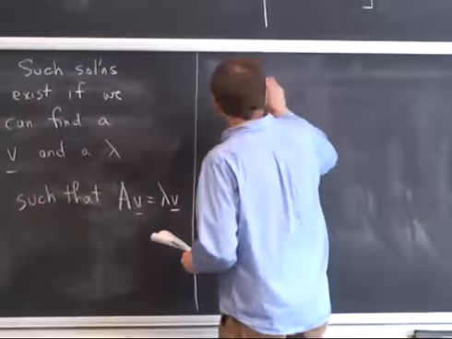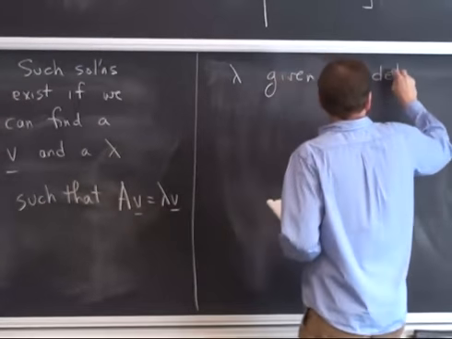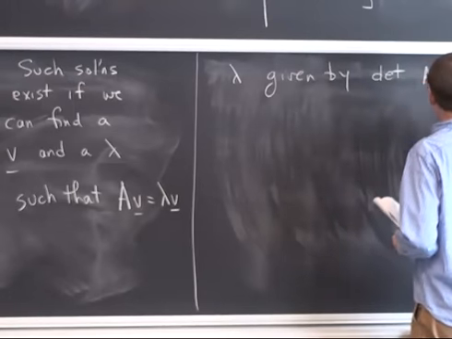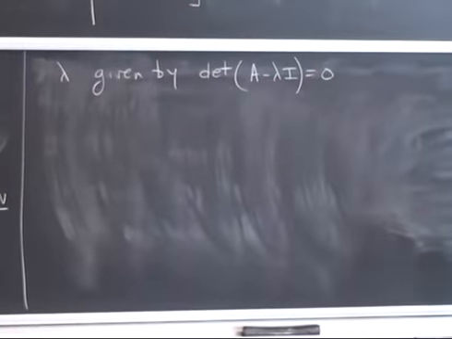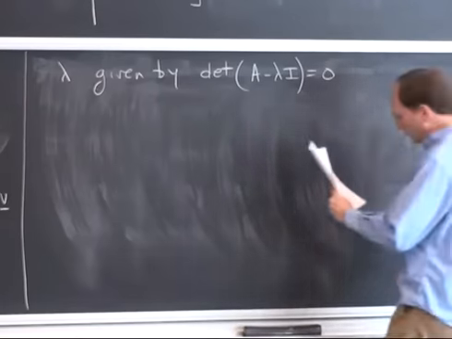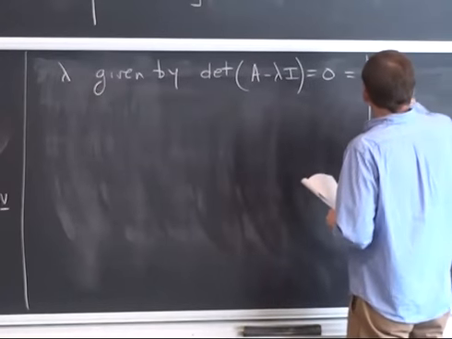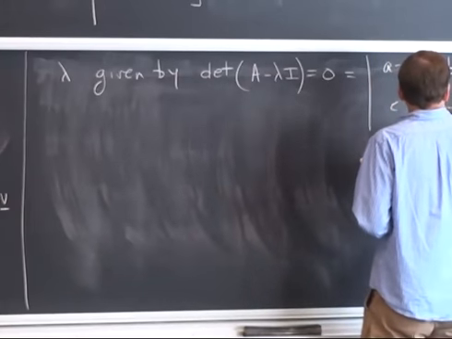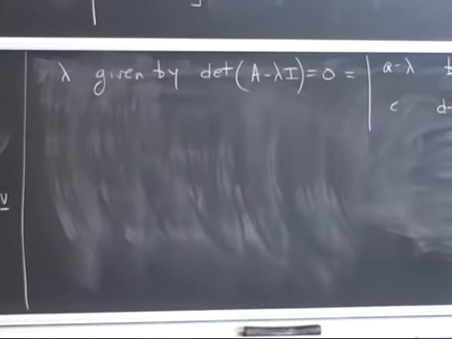So lambda is given by the determinant of A minus lambda I equals 0, I being the identity matrix. And if we write that out for our little 2x2 system, that's going to be |a minus lambda, b; c, d minus lambda|, where the vertical lines mean determinant.